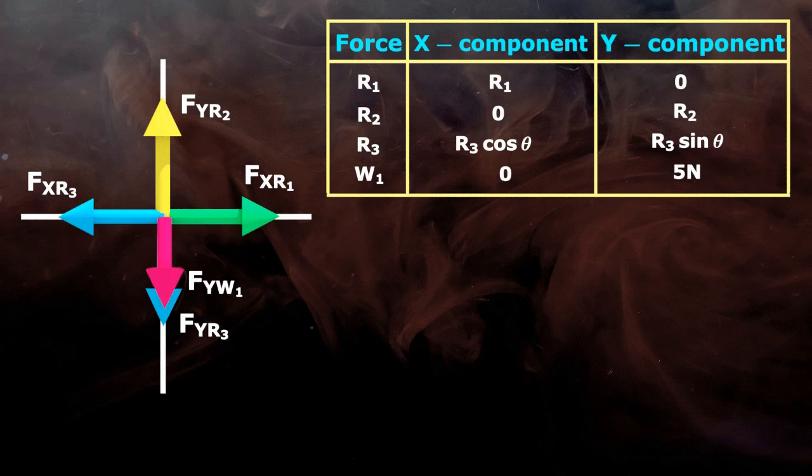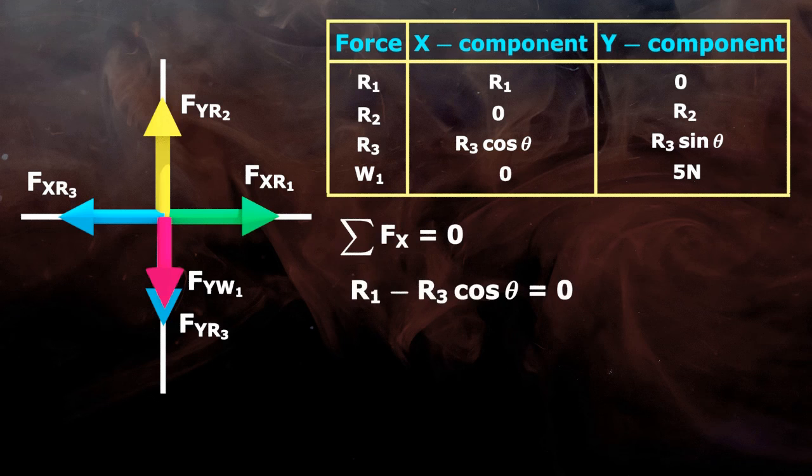Now according to the equilibrium equations, the summation of all horizontal components should equal 0. So R1 minus R3 cos theta equals 0. Here both components are collinear but in opposite direction to each other, so they will be subtracted.